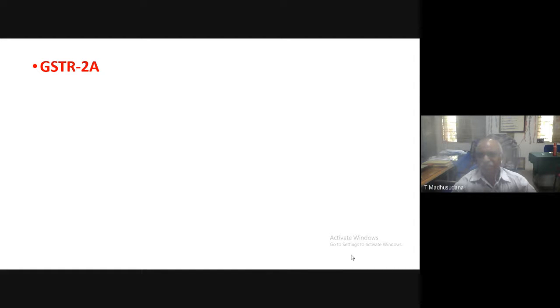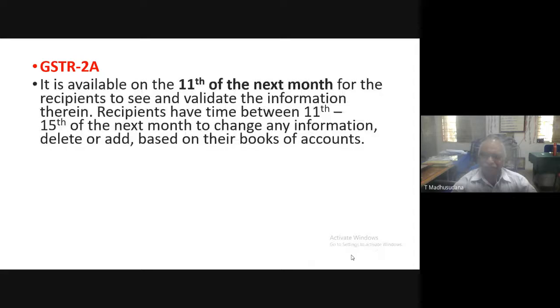So GSTR1 is a very important return, to be carefully submitted by the taxpayers. Next form is GSTR 2A. GSTR 2A is available on the 11th of the next month for the recipient to see and validate the information therein.